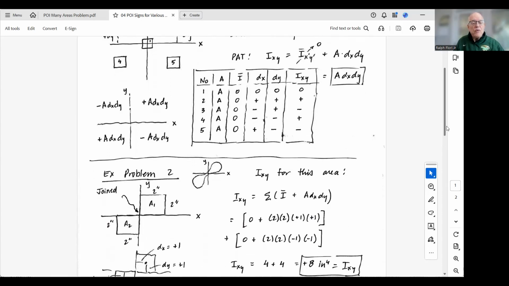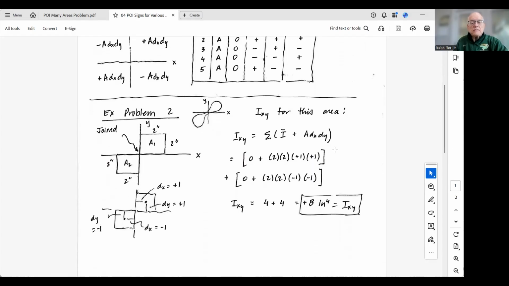And so basically what that leads us to is, if you have a general area that has an area in quadrant 1 and an area in quadrant 3, these IXYs are all positive. So any area that extends along the diagonal from quadrant 1 down to quadrant 3 is going to have a positive IXY.